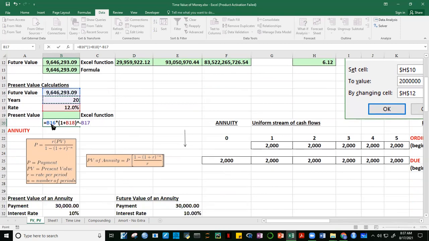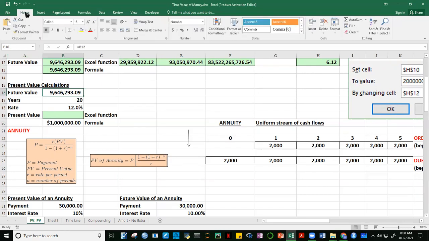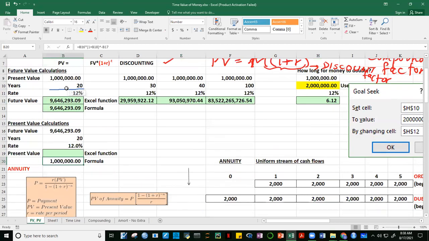We're multiplying it with the discount factor, okay, and then enter. You should get 1 million. Let's copy the format of this. Okay, it's 1 million, guys, as expected, because those are equivalent values. The 1 million is equivalent to 9.646 million at 20 years' time and at a return of 12%.